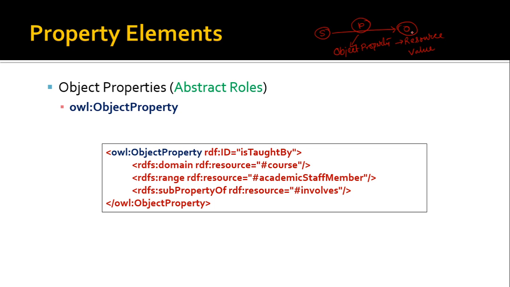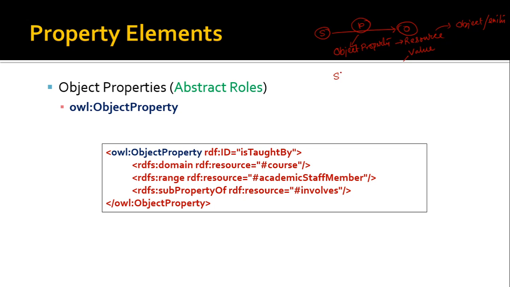Why? Because whatever is appearing in the range position is an object or entity, right? But if we see that the object position is a value, then we are talking about some data. We are representing some data, numerical data, or concrete data about a subject.